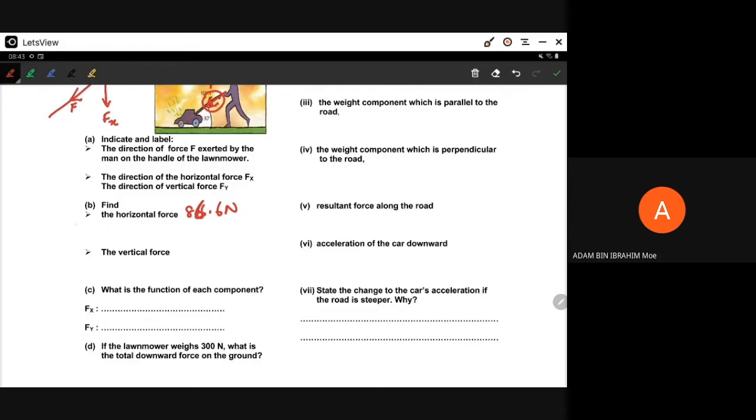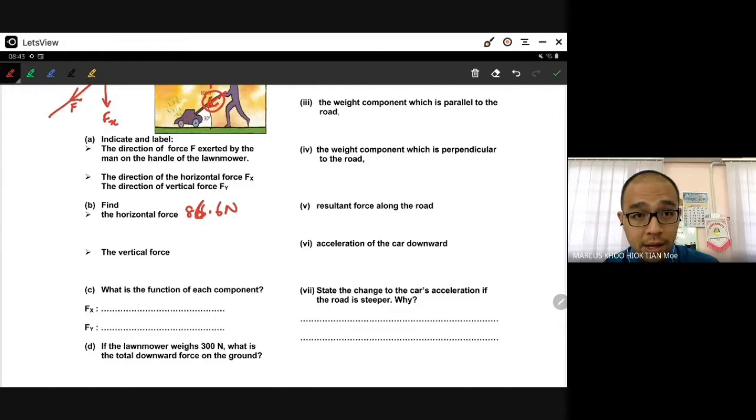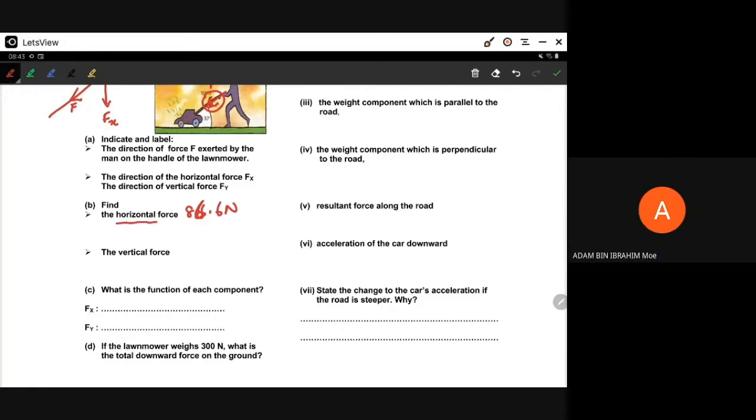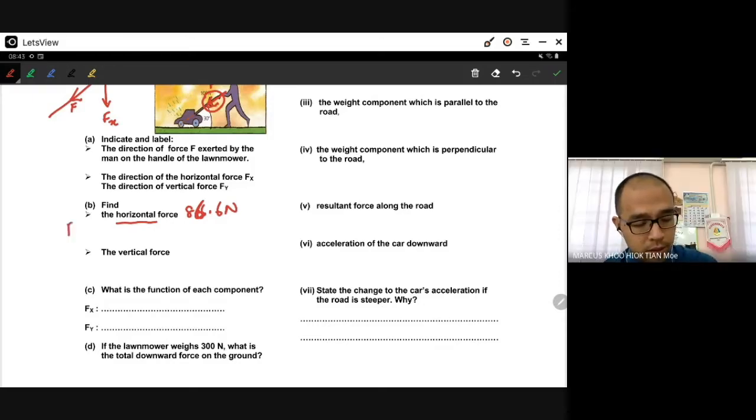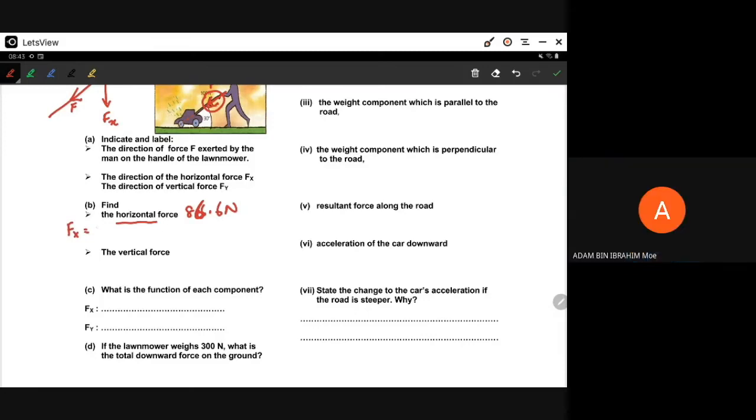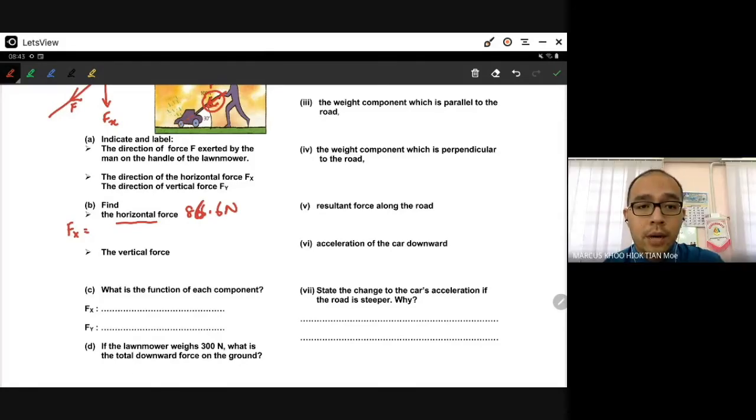Fx equals 100 cos 30. 100 cos 30, and you will get this answer, 86.6.